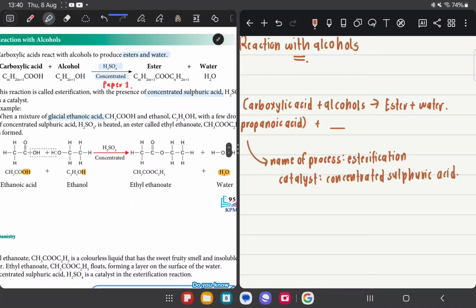That's a second matter. Then, this is our ethanoic acid. So glacial in this concept refers to the condition of the acid, whether it has water or no water, something like that.